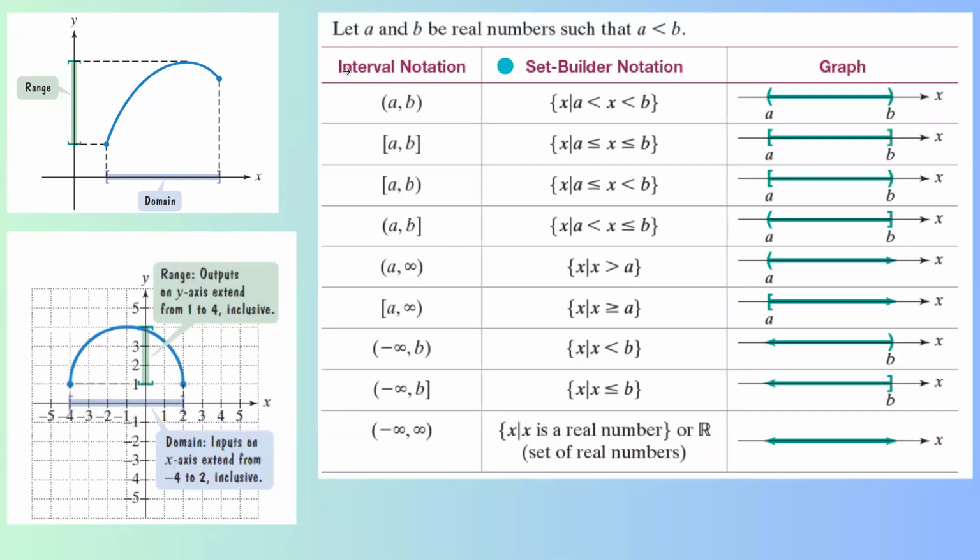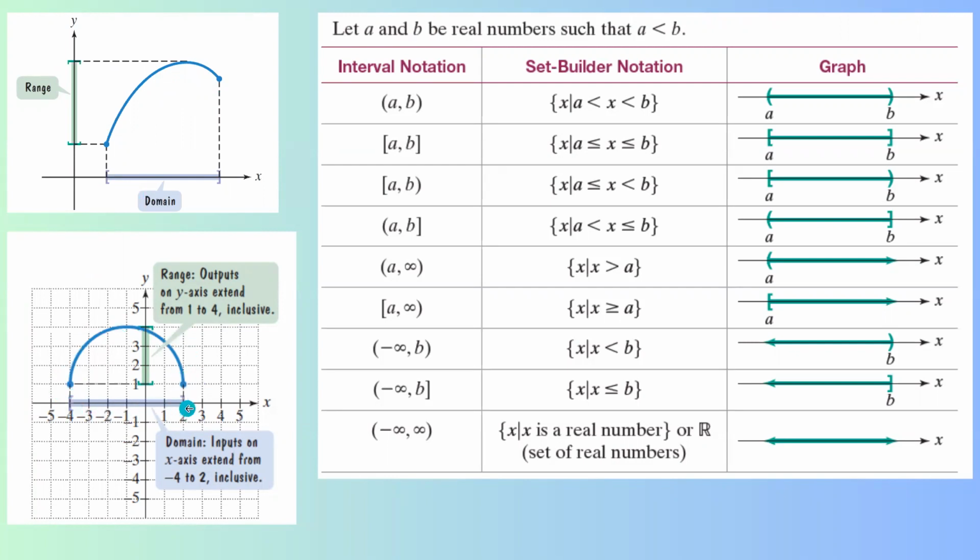Sometimes we have to use interval notation to represent the domain and the range of a relation or a function. So take a look at the domain of this curve. The domain is all possible values on the x-axis related to this relation or curve. The range is on the y-axis. For example, here you have a piece of curve.